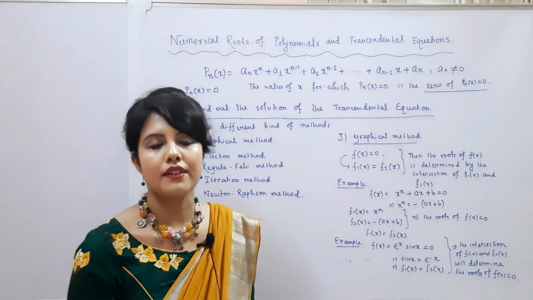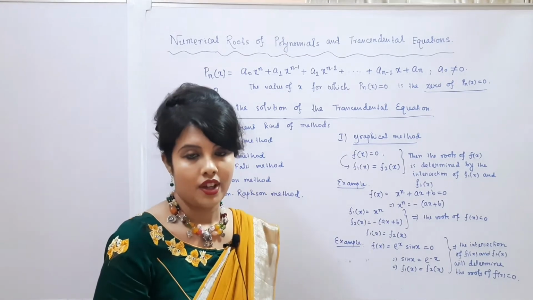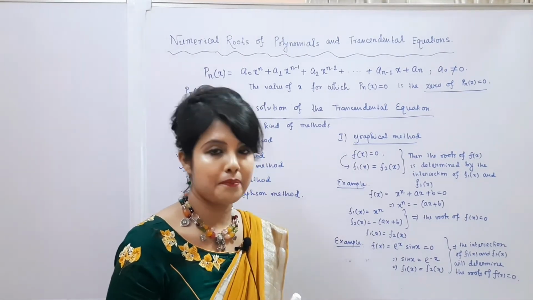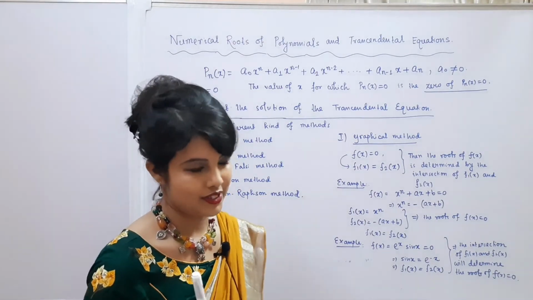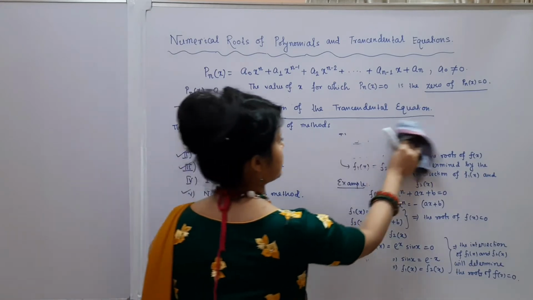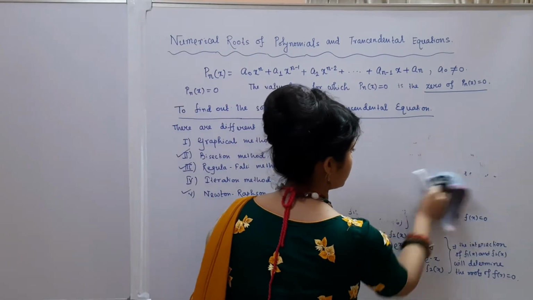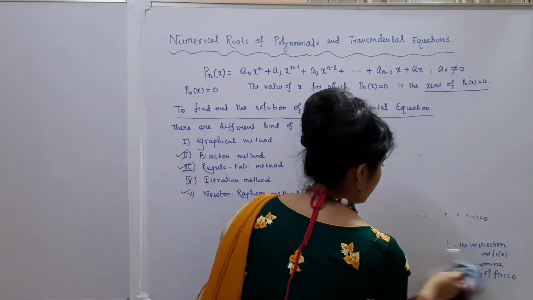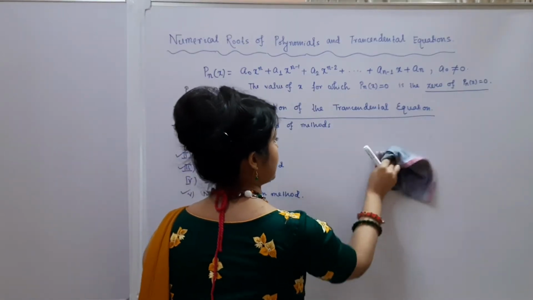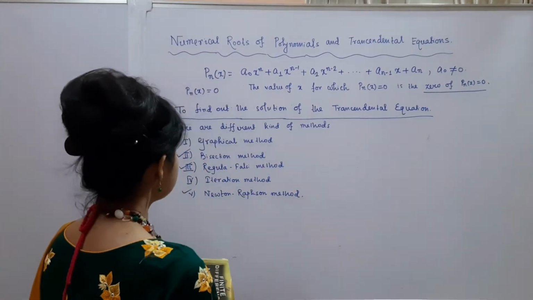If some kind of method is mentioned in your question, then you have to apply that method to find the solution. Hope you have understood the graphical method. Then the next method is the bisection method.